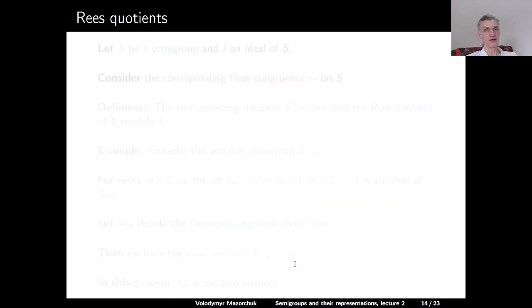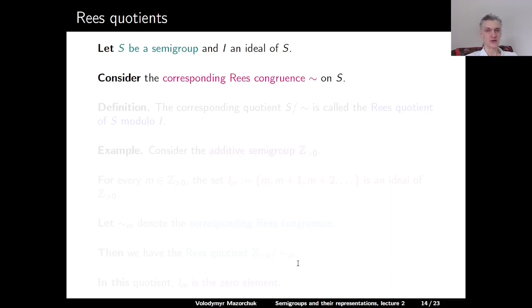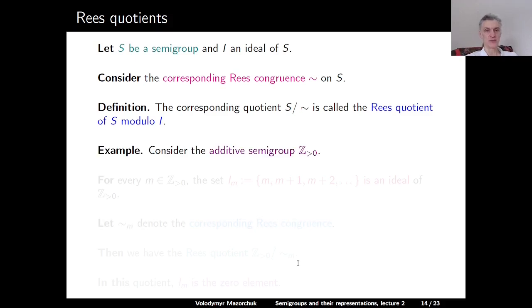So now, having this Rees congruence, we can define the corresponding Rees quotient. So let S be a semigroup and I an ideal of S. We consider the corresponding Rees congruence tilde on S, and then by definition, the quotient of S modulo this Rees congruence tilde is called the Rees quotient of S modulo I. For example, consider the additive semigroup of all positive integers.